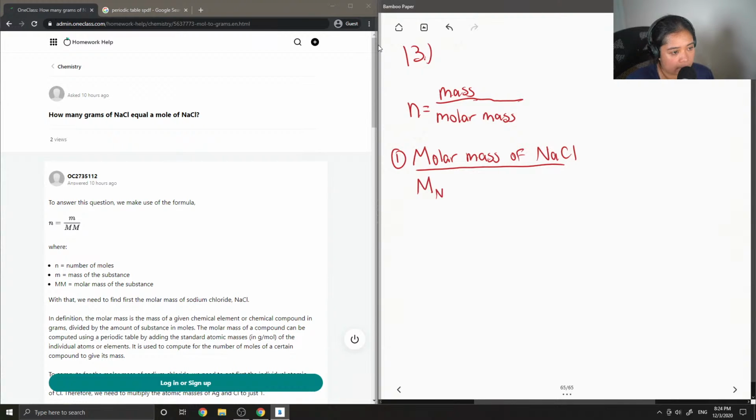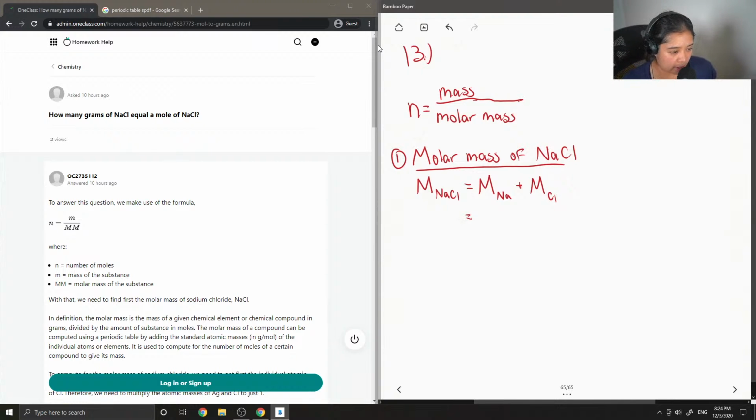So the molar mass of sodium chloride is equal to the sum of the atomic masses of sodium and chlorine. So since there is only one atom of each, then we don't need to multiply by any whole numbers.